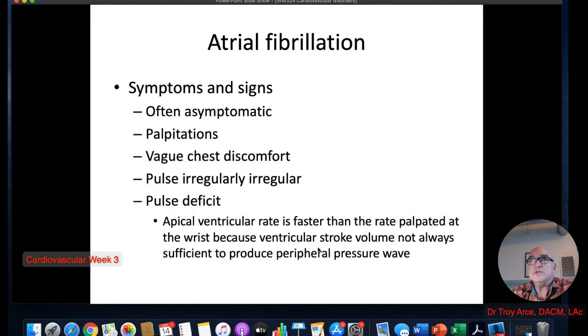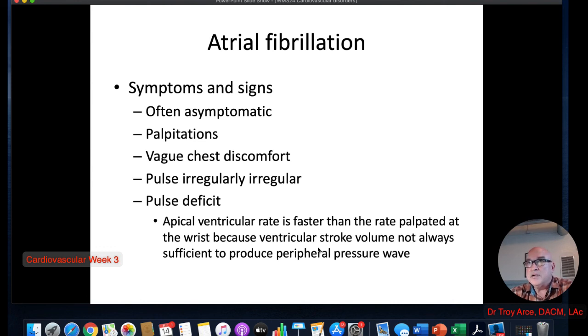So how do we know what's going on? What are the signs and symptoms? Well, sometimes we don't. Often it's asymptomatic. He or she may or may not have palpitations, vague chest discomfort, an irregular pulse, and then there's going to be a pulse deficit.